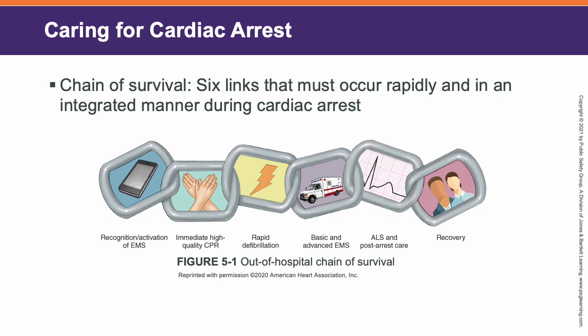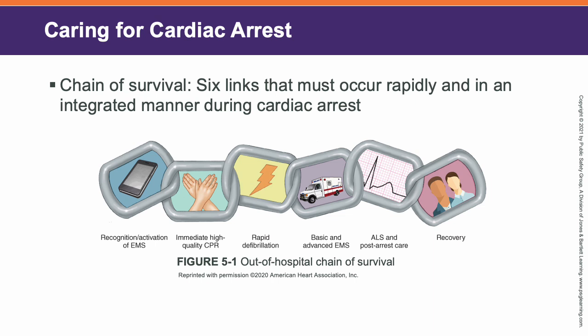In caring for cardiac arrest, there are 6 things that must be done to create the best chance for survival. First and foremost, cardiac arrest needs to be recognized, and then EMS needs to be activated. Shortly thereafter, doing high quality CPR as soon as possible, rapid defibrillation.